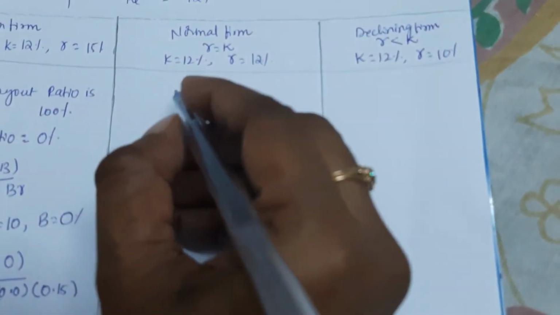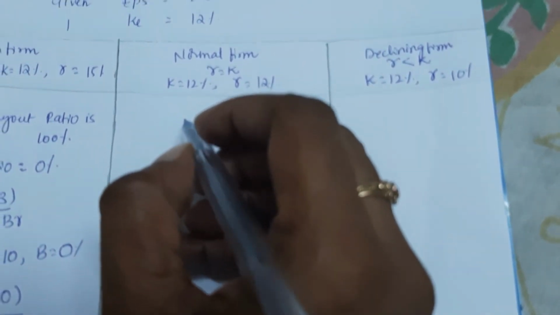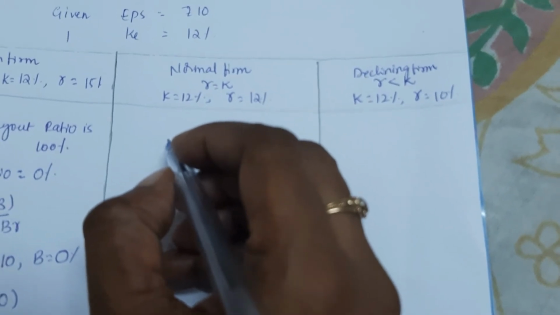Now we will find the value of the share in case of normal form when dividends are 100% payout.